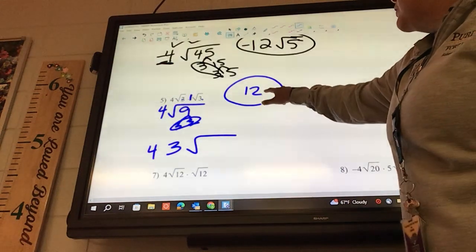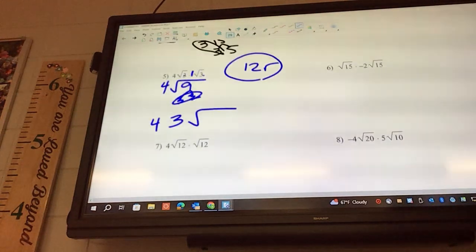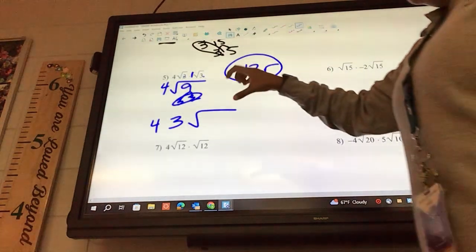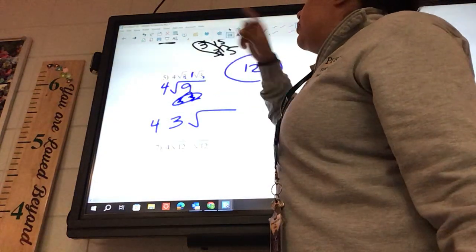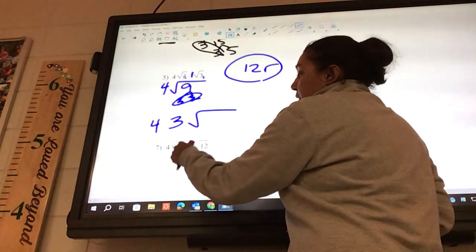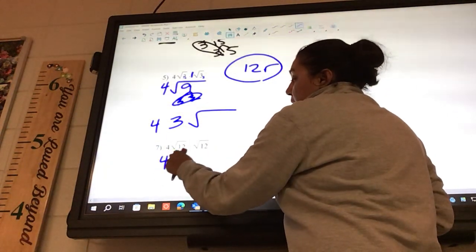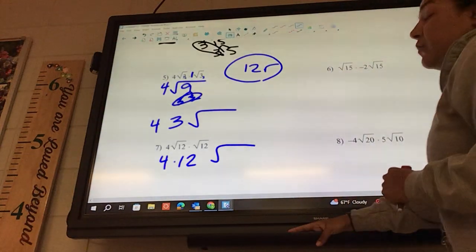If you want to write the empty square root here, you totally can. If you remember from yesterday, if the 2 numbers on the inside are the exact same, then you just use one of the numbers and the house is gone. So it's going to be 4 times 12, which is 48.